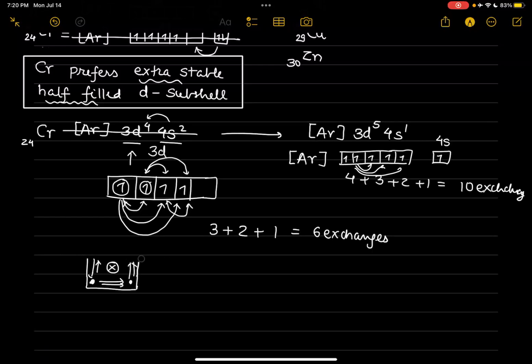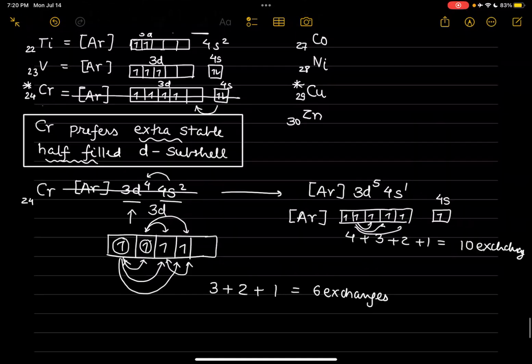So you are going to say why chromium is not 3d4 and one electron is moved from 4s to 3d to make it 3d5. First, you are going to say it is due to extra stability of the half-filled d subshell, with all orbitals having one electron each.